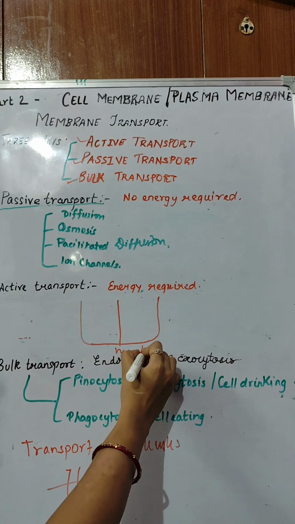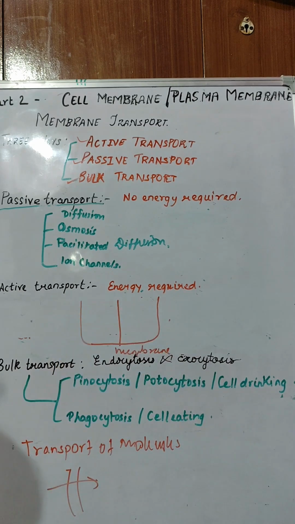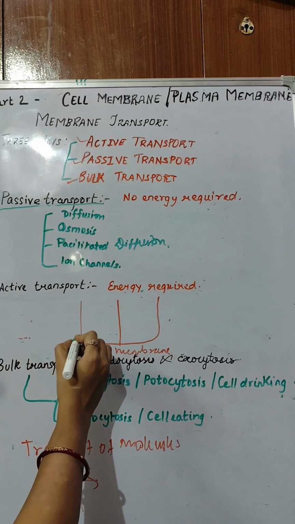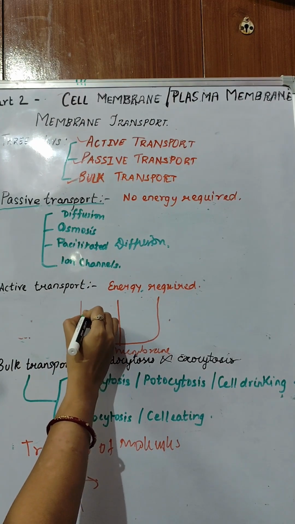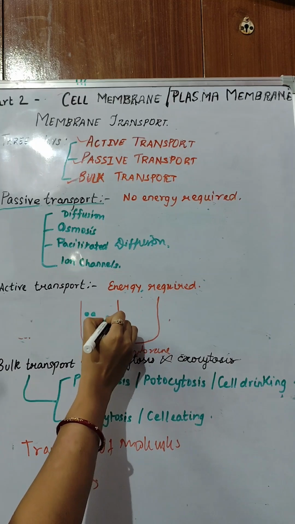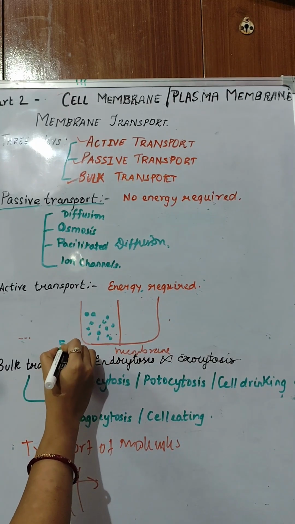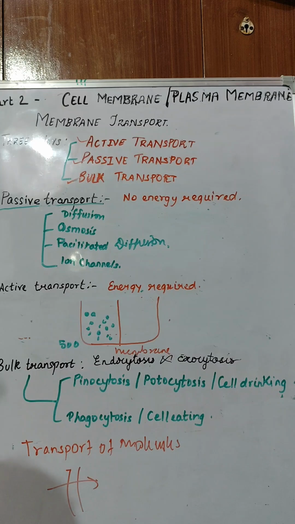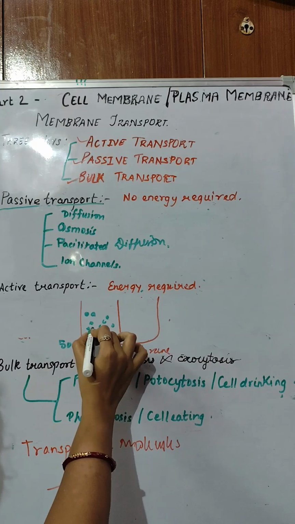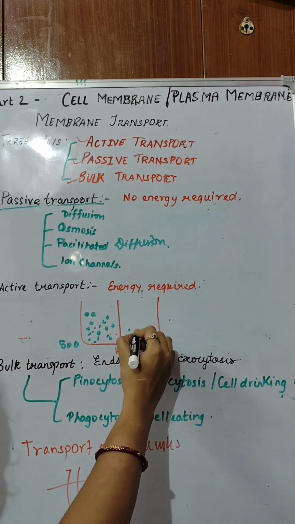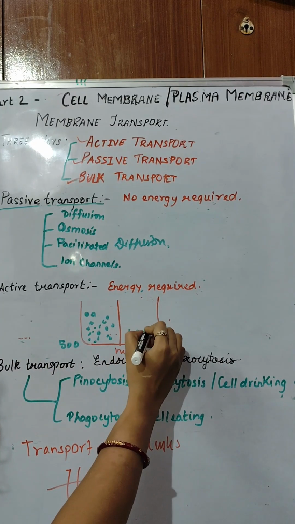It has some molecules, around 500 in number on one side. This is a hypothetical example just to understand what the concentration gradient is and what uphill and downhill are. On one side there are 500 molecules, whereas on the other side there are 50 molecules.